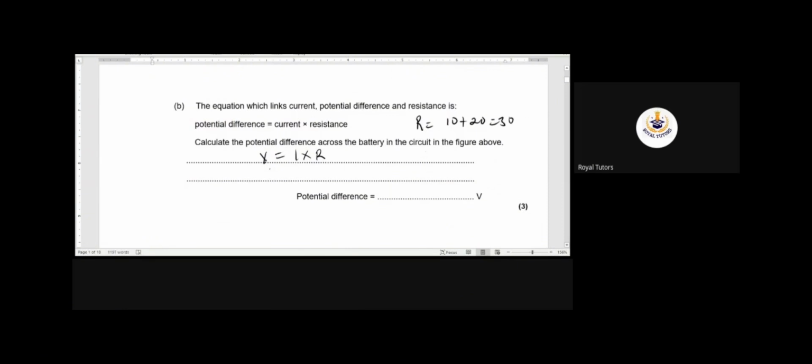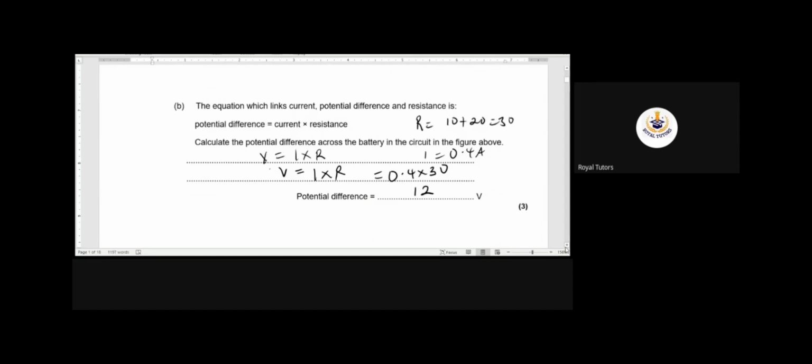So V equals I times R, which is 0.4 multiplied by 30, and that will give you 12 volts. That is just it, and you have your mark.